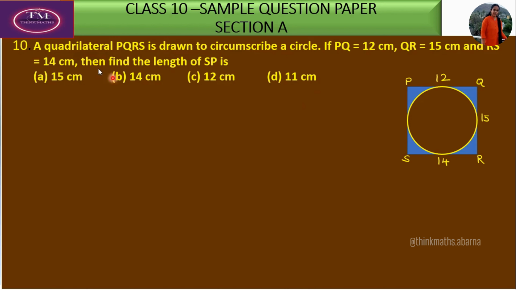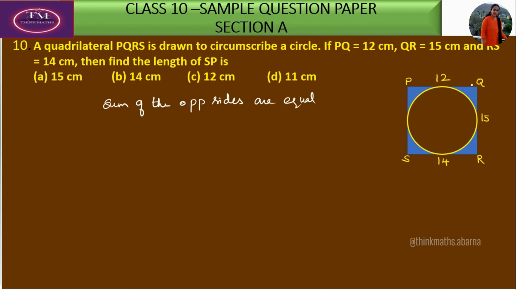So, what is given? A quadrilateral PQRS is drawn to circumscribe a circle. So, if a quadrilateral circumscribes a circle, we know a problem is solved. That is, we have proved that if a quadrilateral circumscribes a circle, the sum of the opposite sides are equal.